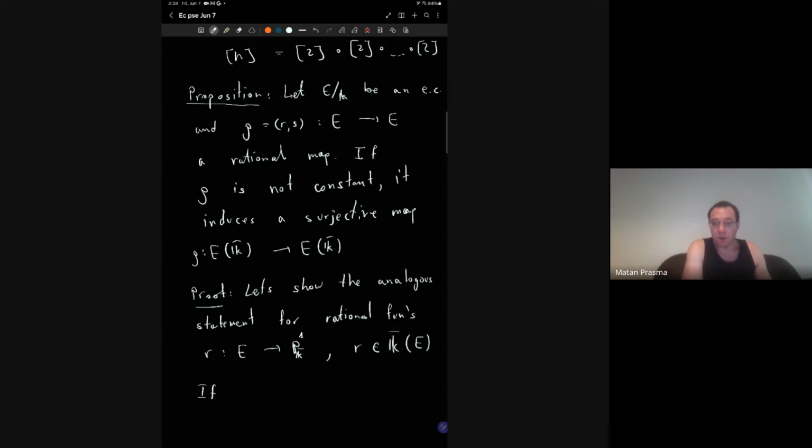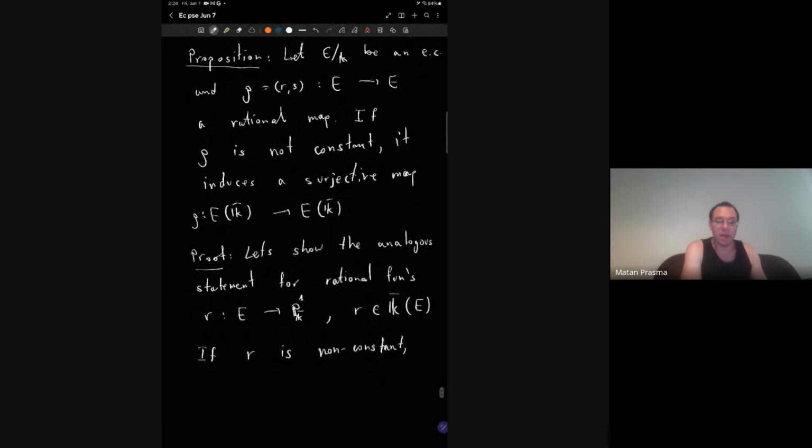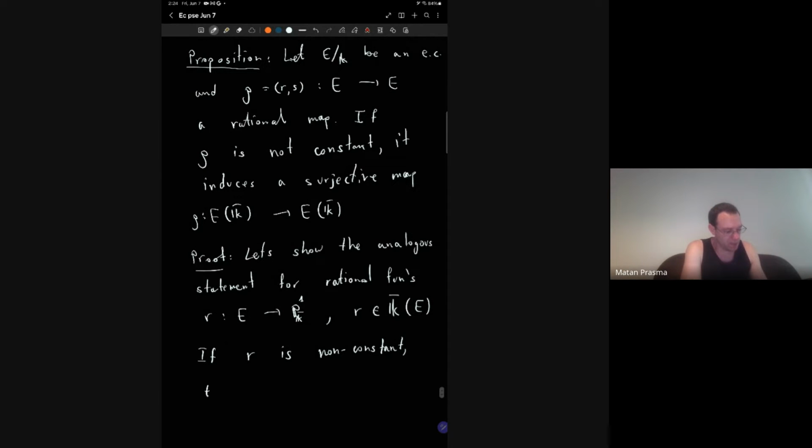So if R is not constant, then it must have a zero over E of K bar.